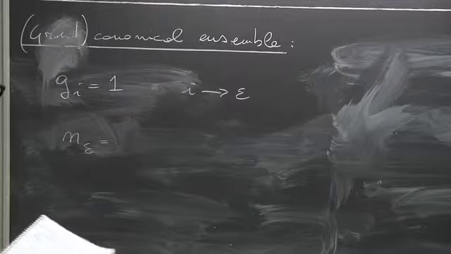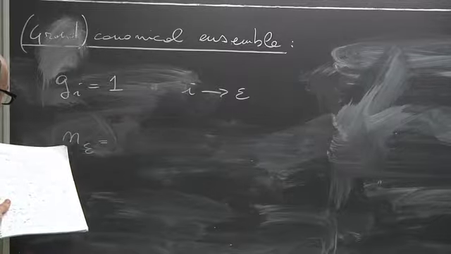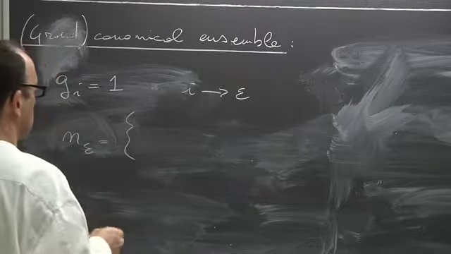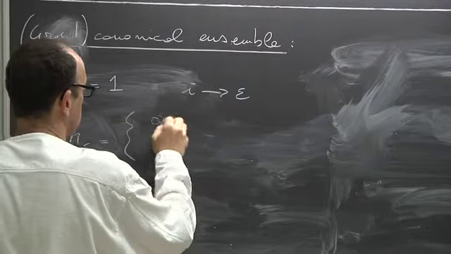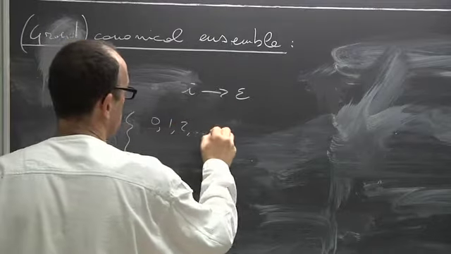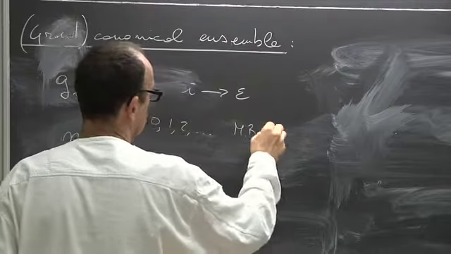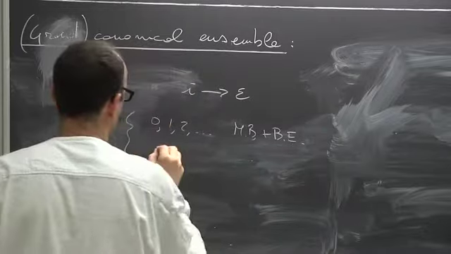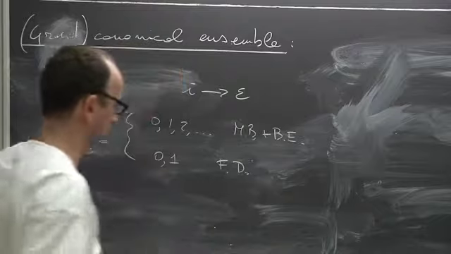Okay. So the number of particles for each level can be 0, 1, 2, any non-negative number for Maxwell-Boltzmann statistics and Bose-Einstein statistics. It can be only 0 or 1 for the Fermi-Dirac statistics.